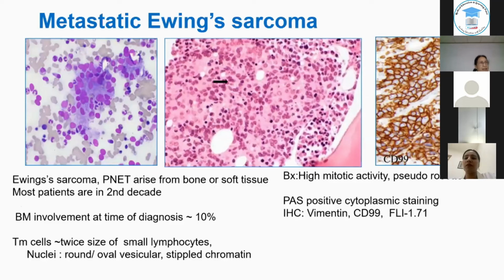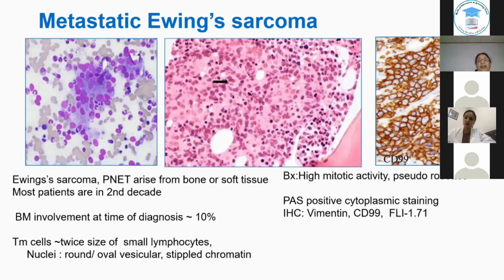The nuclei are round to oval, vesicular, and they have stippled chromatin. In bone marrow biopsy, in the second picture, you can see a very high mitotic rate and presence of some rosette formation, pseudo-rosette formation, as indicated by the black pointer.